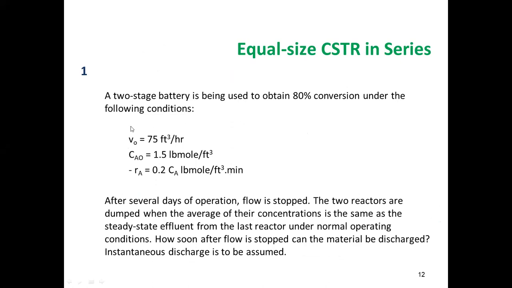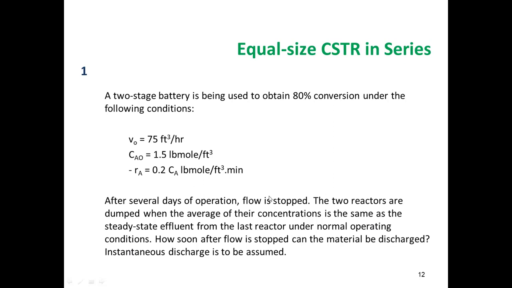So these are the conditions, the given information. After several days of operation, flow is stopped, meaning the connection cut. There was no flow in the first reactor. The two reactors are dumped when the average of their concentrations is the same as the steady state effluent from the last reactor under normal operating conditions.